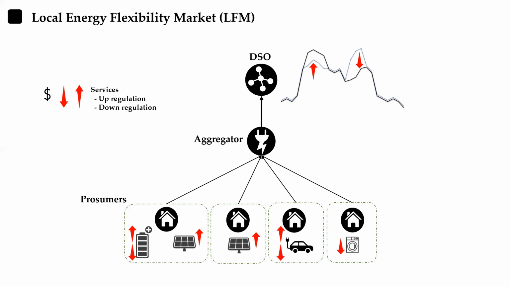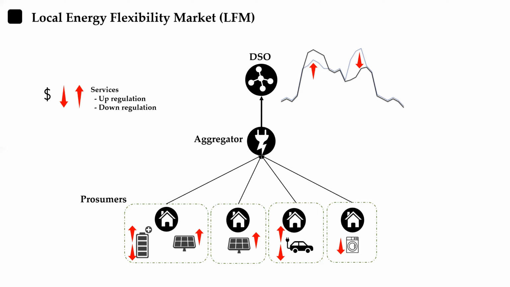We have mentioned that this flexibility can be extracted from prosumers' flexible resources through the aggregators, and prosumers can have many options. Prosumers with, for example, PVs can provide energy to the system, pushing the supply curve up.